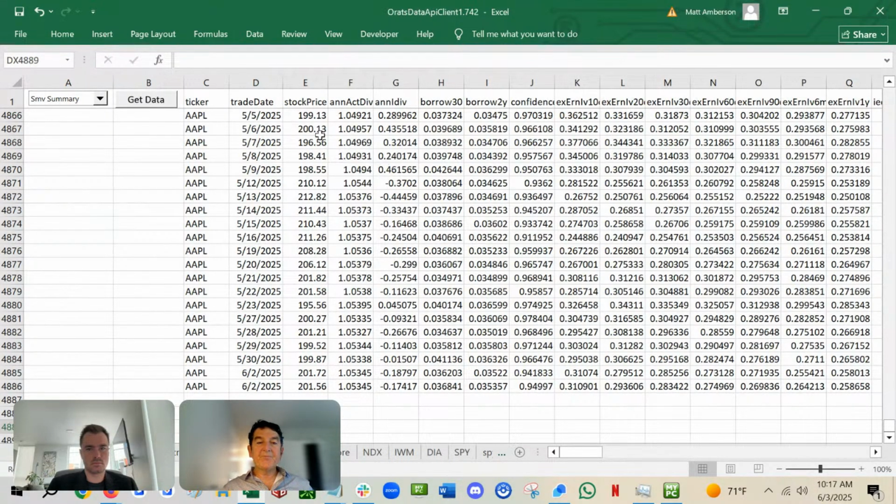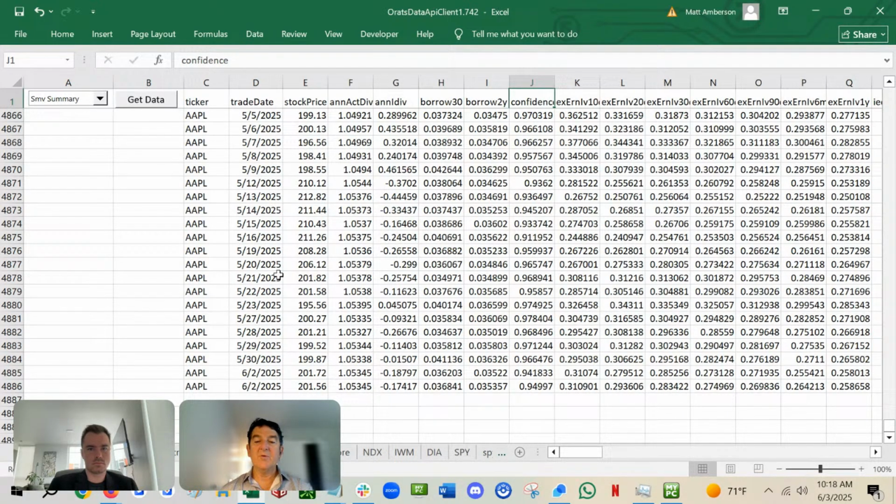What we show in summaries is trade date, stock price, the dividend information, the implied borrow rate. The implied borrow rate is basically the residual rate once you put in dividends and interest. Is there any leftover amount?